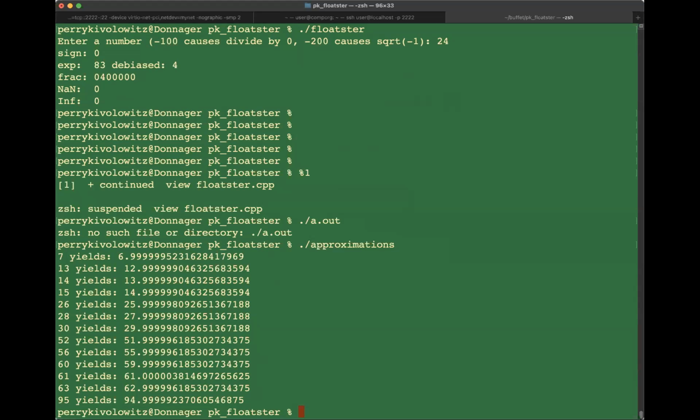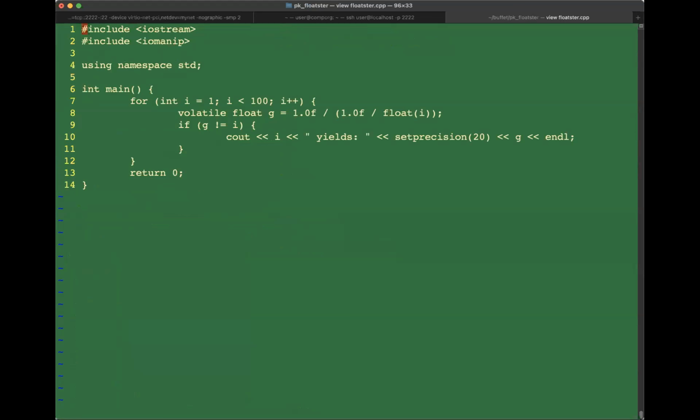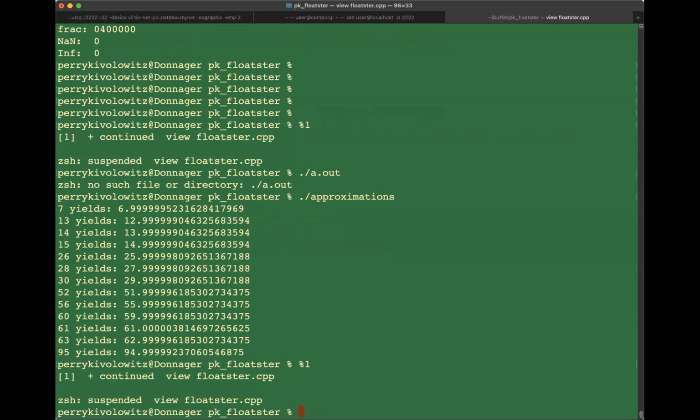So not every whole number, in fact, not every number can be matched exactly in floating point format. Let's take a look at the code. It doesn't even seem all that accurate. If you're doing some serious math, like physical simulations, that's not that many decimal places. Use double precision.